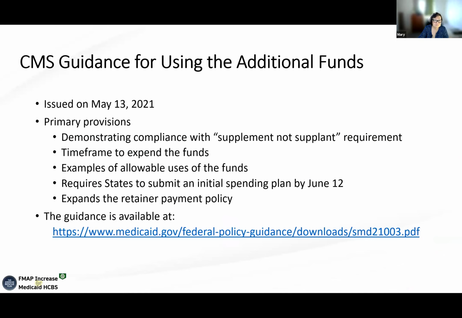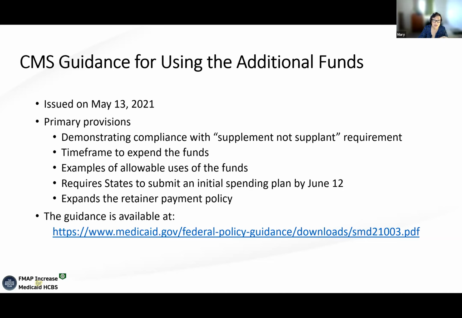So as mentioned previously, the law went into effect on March 11th. And since that time, states have been waiting for the sub-regulatory guidance from CMS, from the Centers for Medicare and Medicaid Services. And that guidance was issued a week ago on May 13th in the form of a state Medicaid director letter.